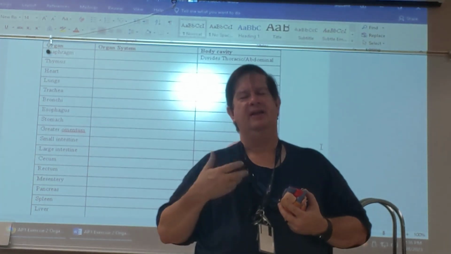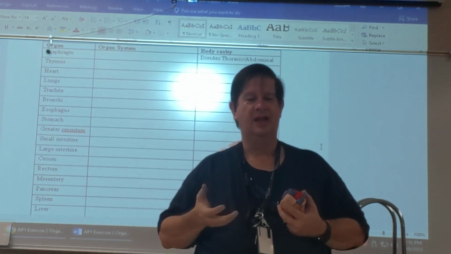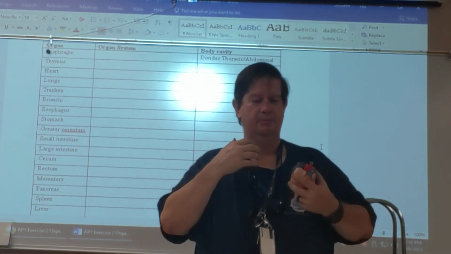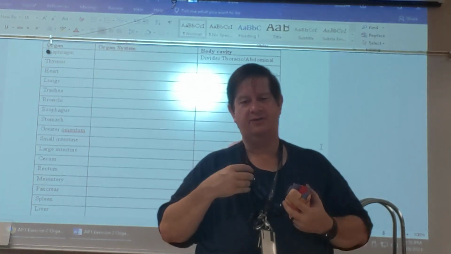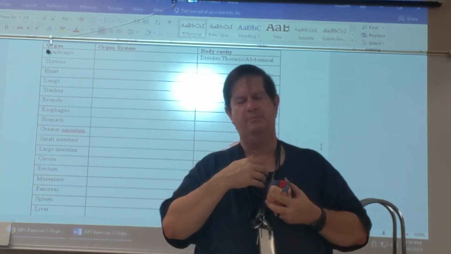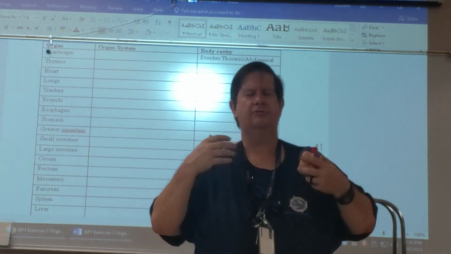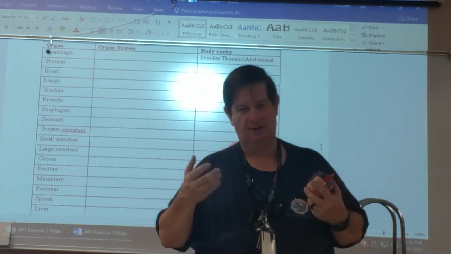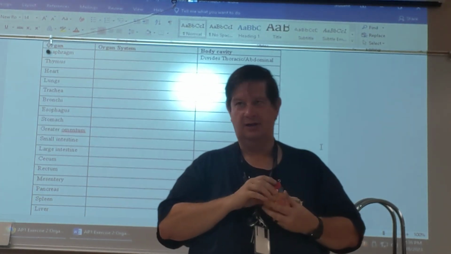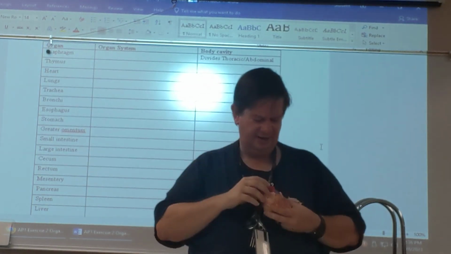The problem is cavity and cavity and cavity. So it's in the mediastinum, this is the middle of the thorax. It's the pericardium of the mediastinum, which is part of the thorax, which is part of the ventral cavity. There we go, we've included all the cavities. Kind of like those dolls that nest.